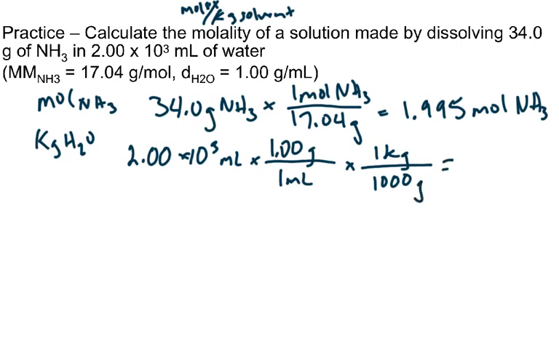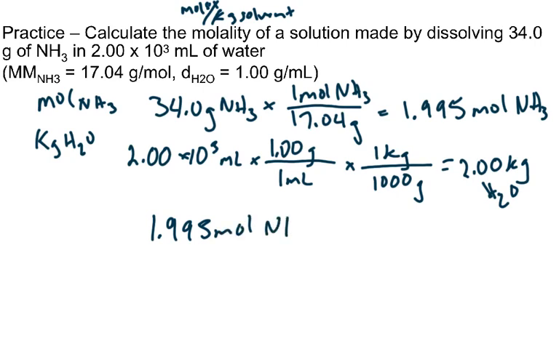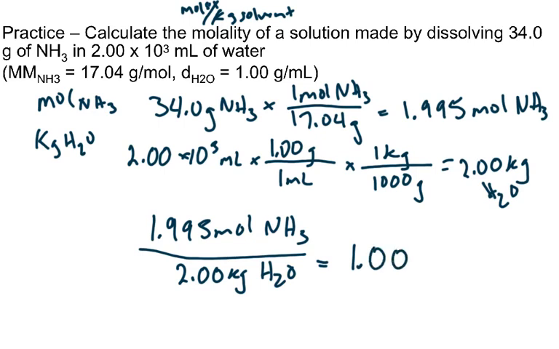So my units all cancel, and I can find that I have 2.00 kilograms of water. So if I take my 1.995 moles of ammonia and divide it by my 2.00 kilograms of water, I find that I have a 1.00 molal solution.